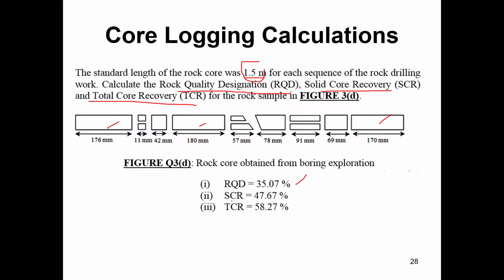For solid core recovery, this is solid, this is not solid, this is not solid, so exclude these. The others you can count, even if they are less than 100 mm, and then you can get the solid core recovery. For total core recovery, you count all the samples and divide by the total core length times 100. That's how you evaluate the rock core.